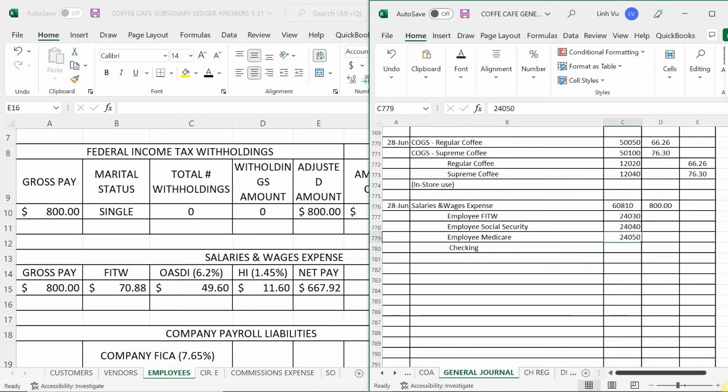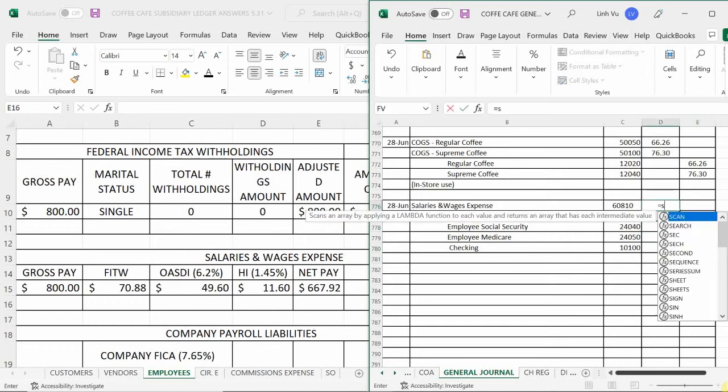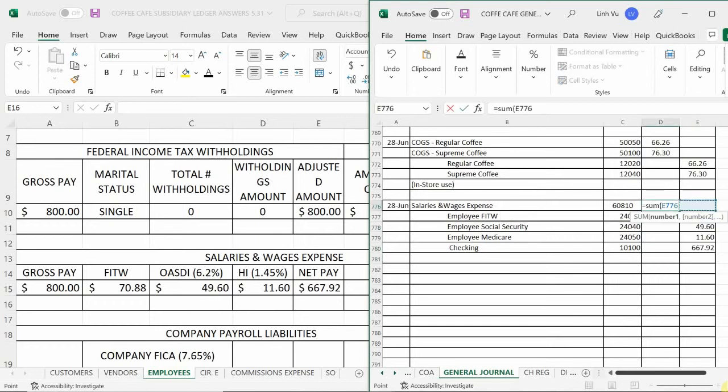They were 70.88, 49.60, 11.60, and 667.92. So what I can do here is erase this 800 and use my equal sum to ensure that no typos were made. It came out exactly to a total of 800, which is correct.